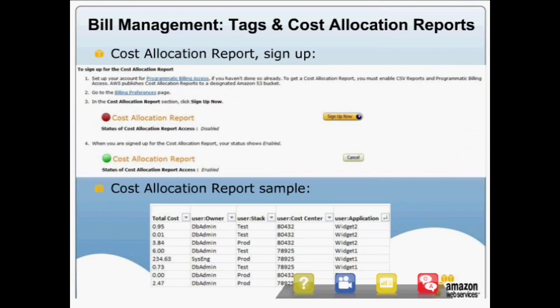And we talked about EC2, but I want to make it clear that you can tag any of the AWS services. So you could have these tags, owner, stack, cost center, and then you have a value associated with it. And then you can do some really, really cool things to see, for this particular stack, how much cost is being allocated to test, dev, prod, for this particular cost center, for this particular application or owner.